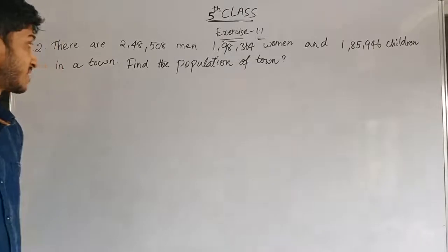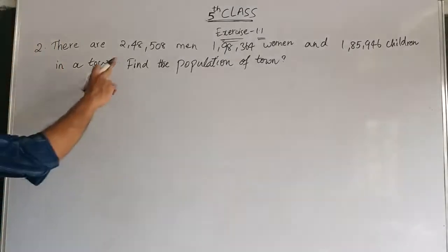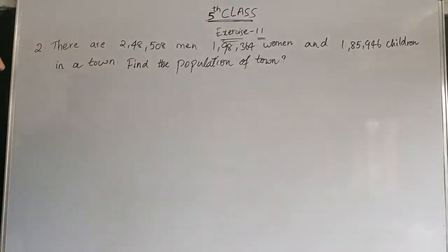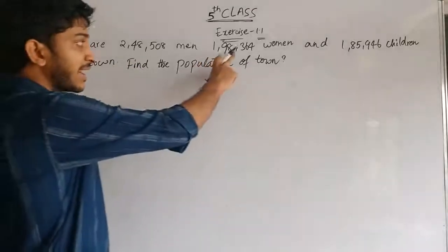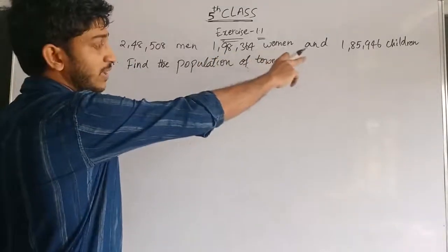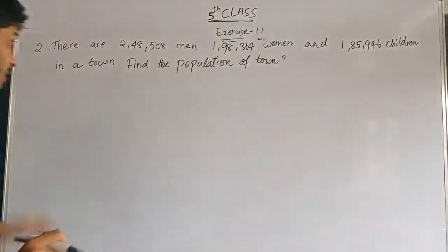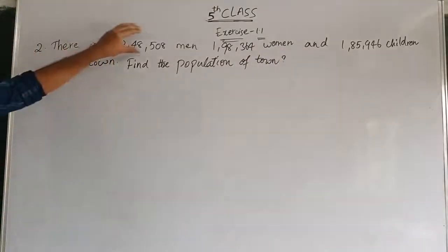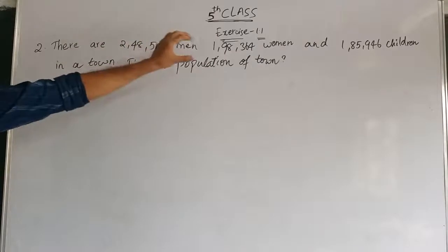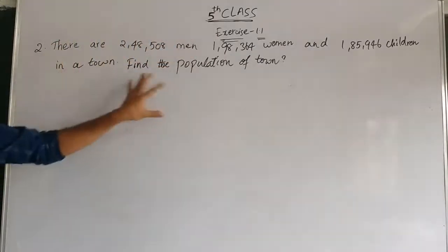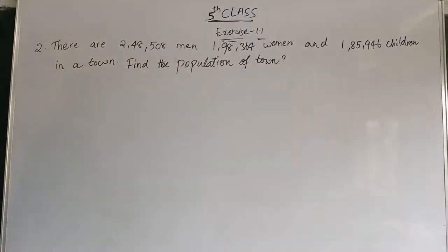Okay, see here our second question. There are 2,48,508 men, 1,98,364 women and 1,85,946 children in a town. These are the populations of men, women and children in the town. We have to find the total population of the town.